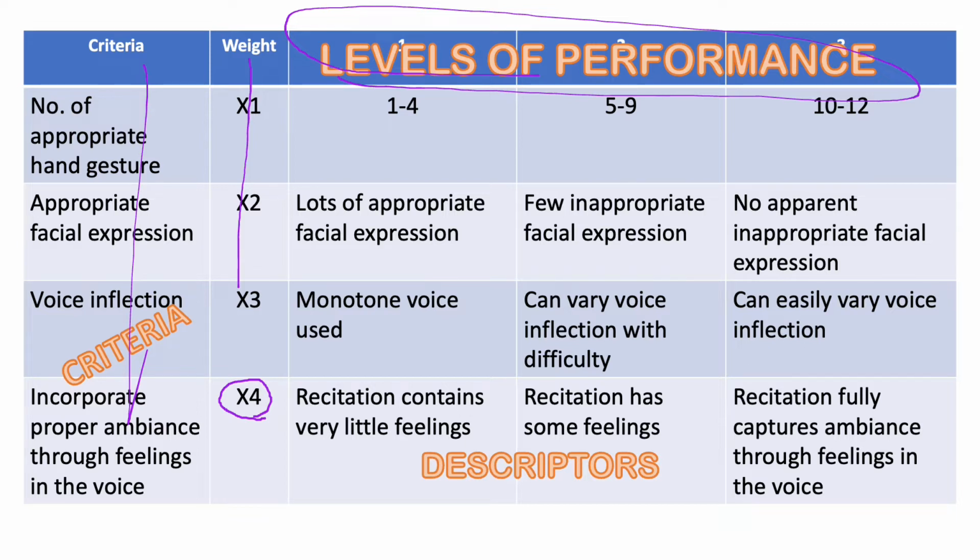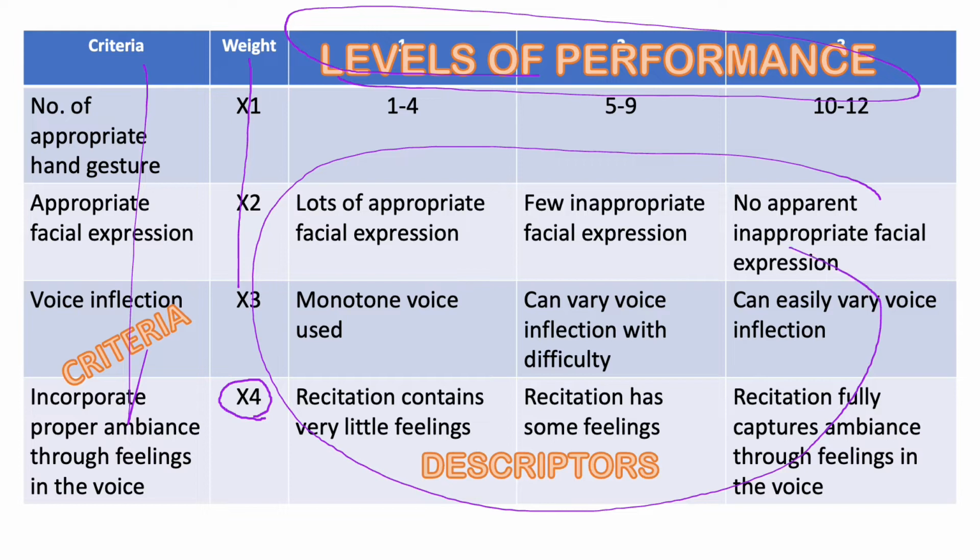This part here is called the descriptors. Also, a common component of the rubric. It's a very important part of the rubric because descriptors spell out what is expected of students at each level of performance for each criterion. So, when will you get times 2 or 1 here, in appropriate facial expression?